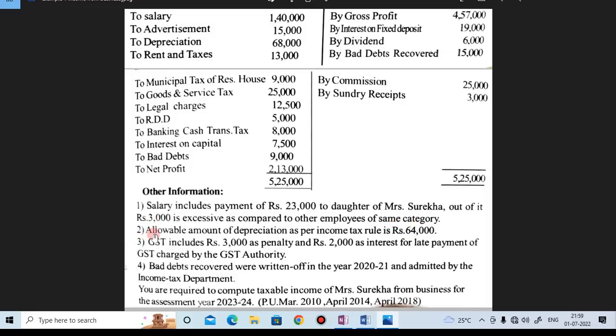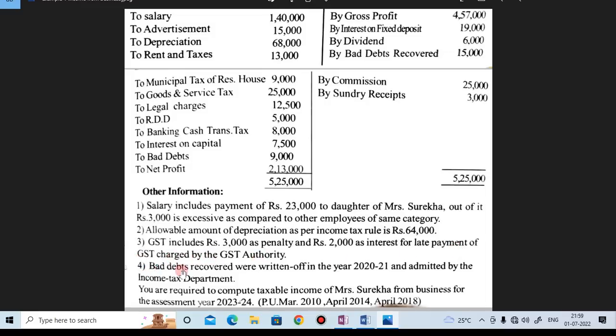Next, the allowable amount of depreciation as per income tax rule is rupees 64,000. Third, GST includes rupees 3,000 as penalty and rupees 2,000 as interest for late payment of GST charged by the GST authority.